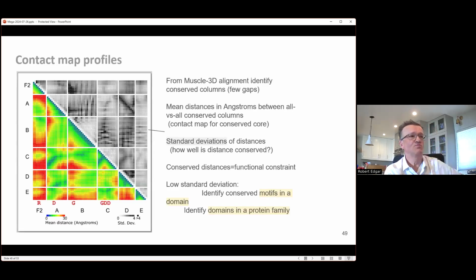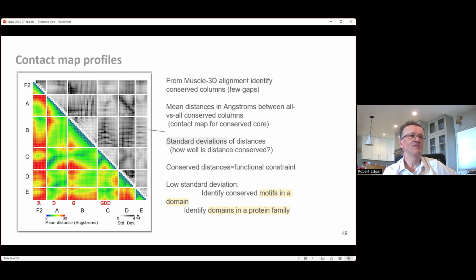Another idea which we bounce back and forth in Serratus and Palmfold and so on is what you can do with this thing I call a contact map profile. You're familiar with contact maps for a single protein. But if you have a structure-informed alignment of a whole bunch of proteins, you can make a contact map for the conserved columns in that alignment.